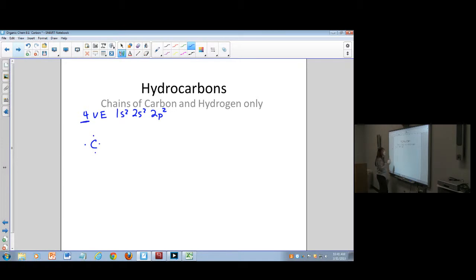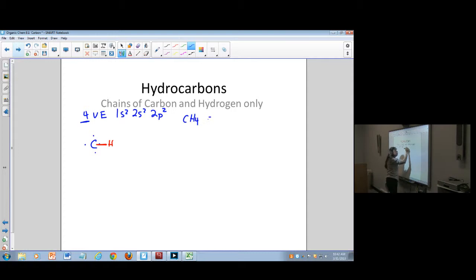There are 4 valence electrons, so that's the first structure of my carbon. And so now I have an electron available to come in and bond to a hydrogen and form a carbon-hydrogen bond. Okay, so let's move on for a moment and look at one we've seen before, CH4.